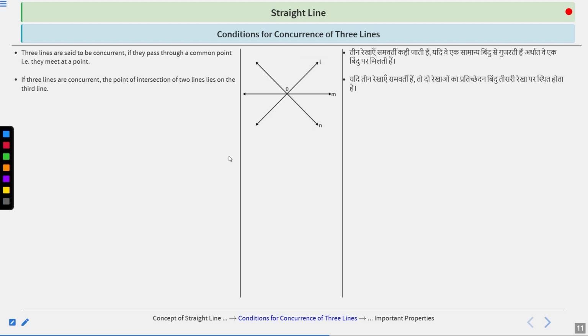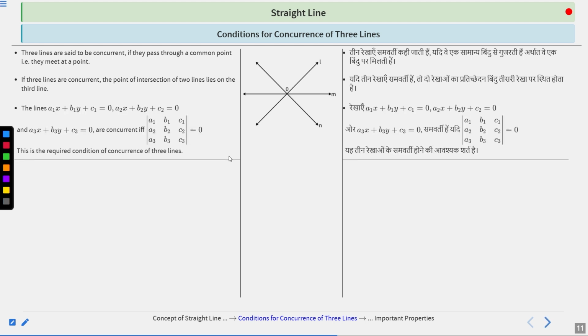So the lines a1x plus b1y plus c1 equal to 0, a2x plus b2y plus c2 equal to 0 and a3x plus b3y plus c3 equal to 0 are concurrent if and only if the determinant of a1 b1 c1, a2 b2 c2 and a3 b3 c3 is equal to 0. This is the required condition of concurrence of three lines. Got it?